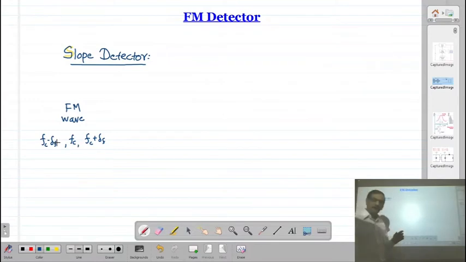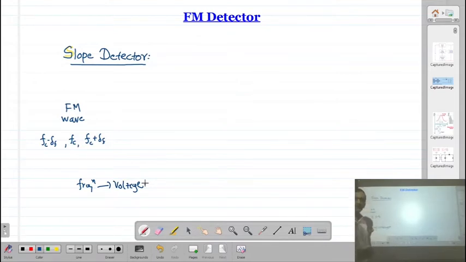So in FM, as the frequency is changing, I have to change the voltage. So your circuit should be such that it will convert the frequency into a voltage. And once it is converted into voltage, then we can use an envelope detector circuit.